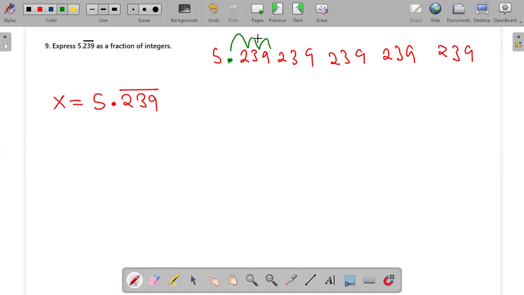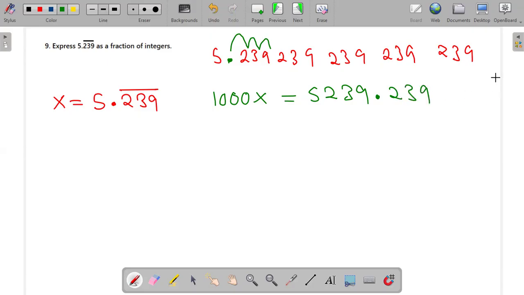If I'm moving this point 3 times, then I just have to multiply by 1 with 3 zeros, which is 1000. So 1000x is equal to 5239.239 with the bar on top.